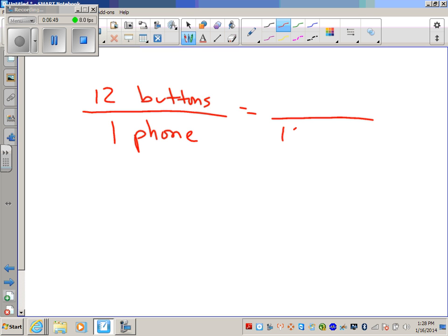Where did I put phones? On the bottom. So I got to put them on the bottom over here. Now, how do I find the missing number? Look for a relationship to get from 1 to 15, times 15. So if I want the right answer, I've got to multiply the 12 times the 15. Okay? You got it down? Or are you going to remember that?